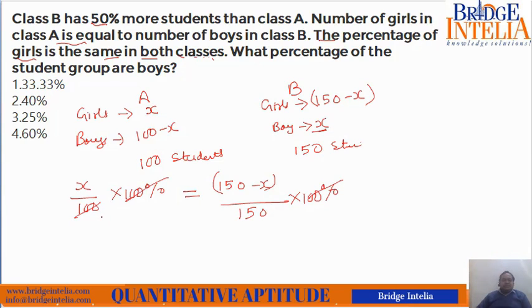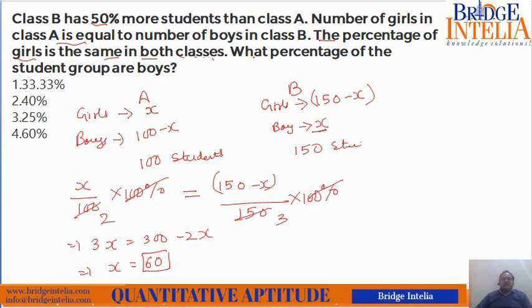Let's solve for x. If you cross multiply, 3x is equal to 300 minus 2x. So 5x is equal to 300. x is equal to 60.